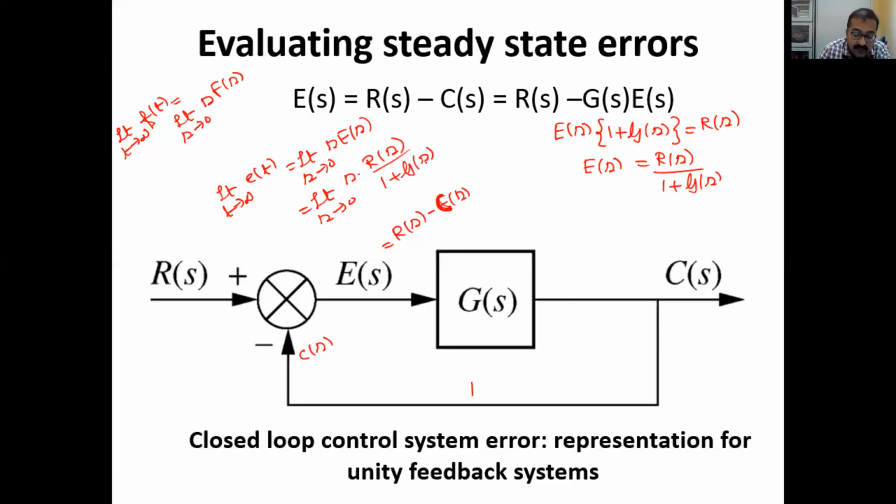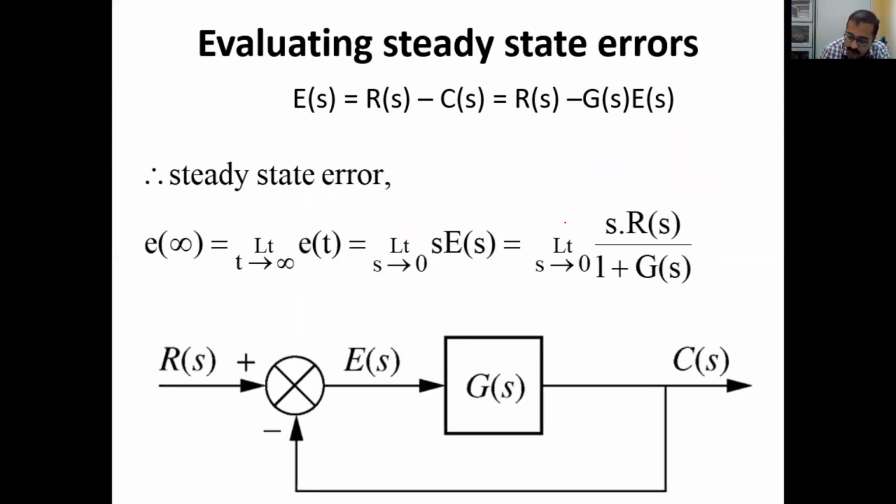So you can see here that the steady state error depends upon the input signal R of s and the transfer function G of s. I repeat, the steady state error depends upon the input signal as well as the forward path transfer function G of s. That is what is shown here: limit s tends to 0 of s into R of s divided by 1 plus G of s.